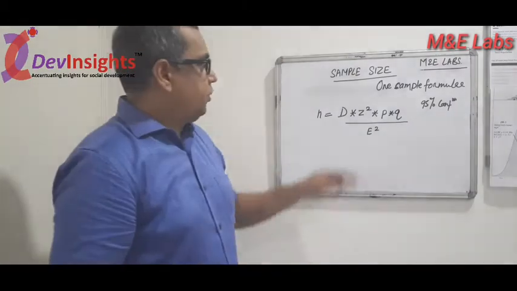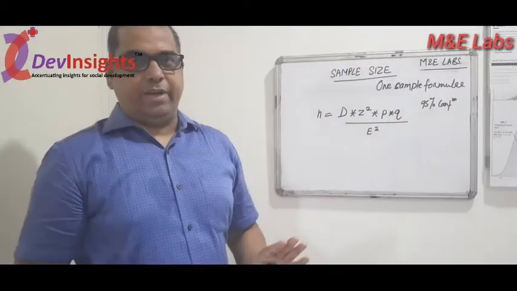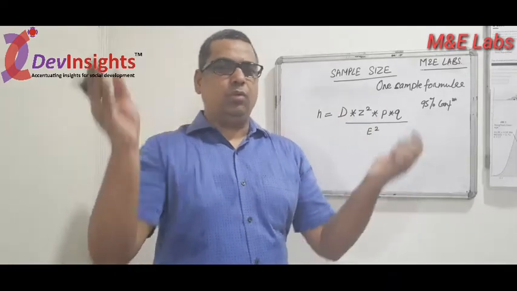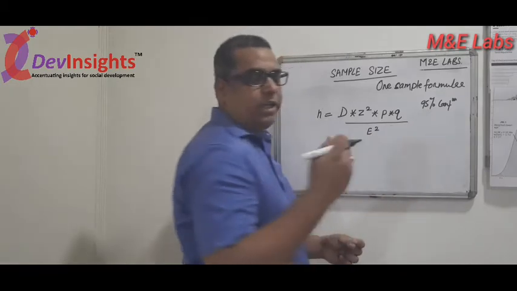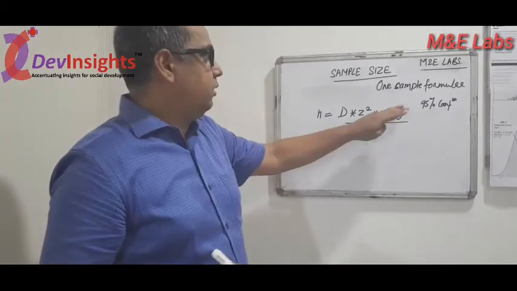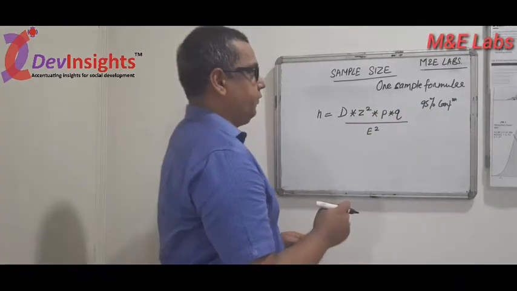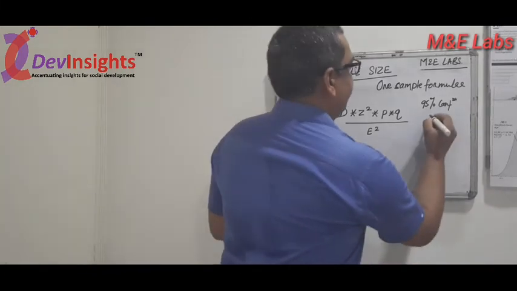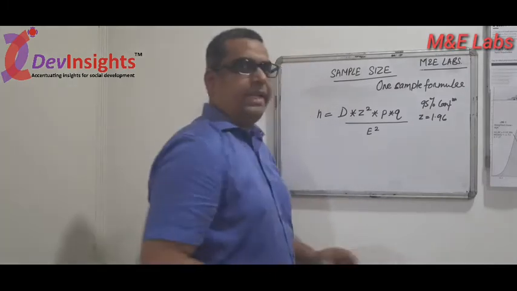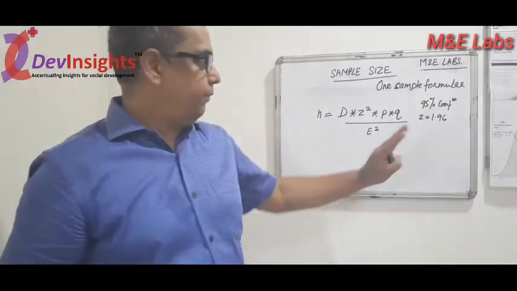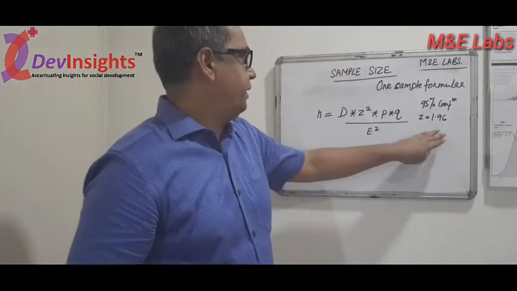So Z is the Z value of 95. If you go to Google or look at your statistics textbooks, it gives you the Z value for particular confidence levels. For 95%, the Z value is 1.96. It has already been calculated and defined, so it can simply be used, right?